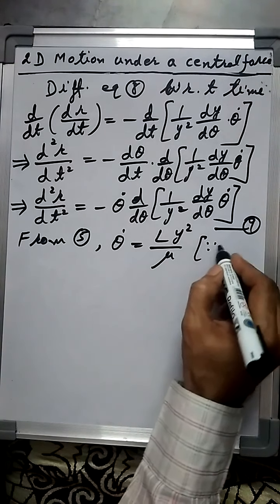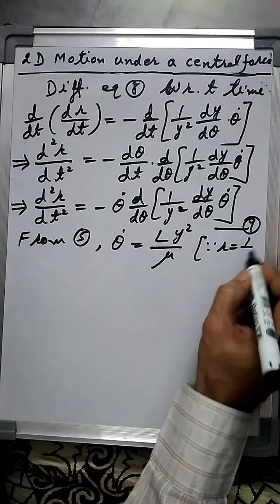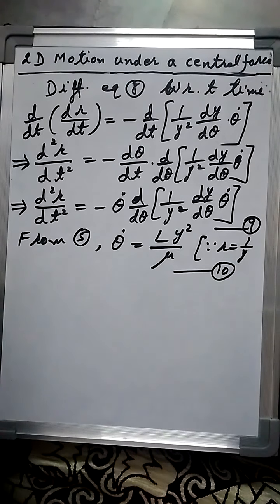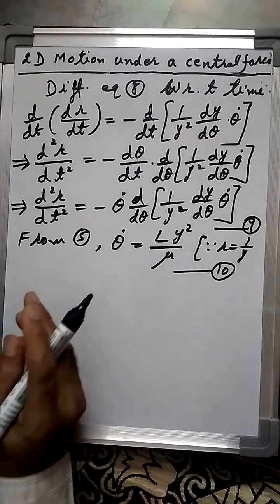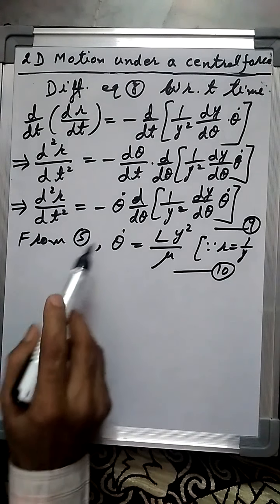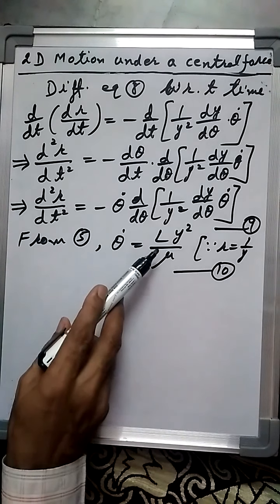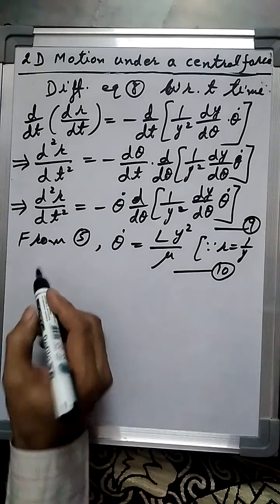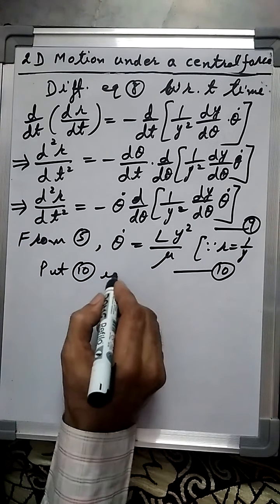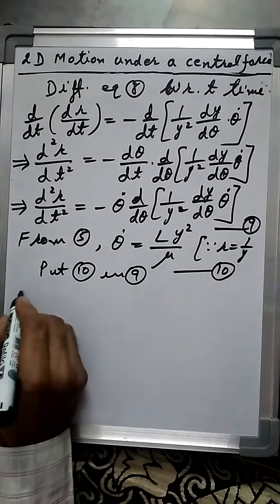Here we can write this because r is equal to 1 upon y. Let's call it equation number 10. Now using equation number 10 in 9, wherever theta dot is written, you put this value of theta dot on the right hand side. Put 10 in 9.